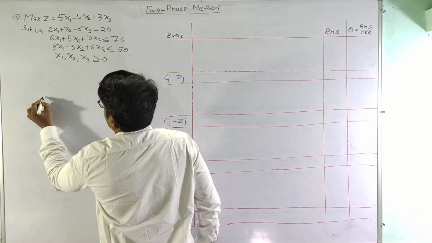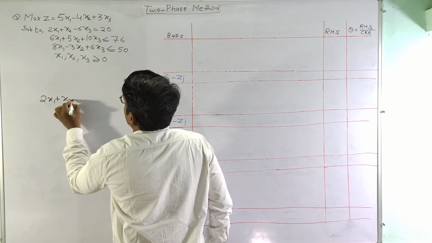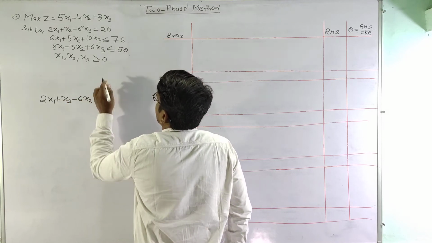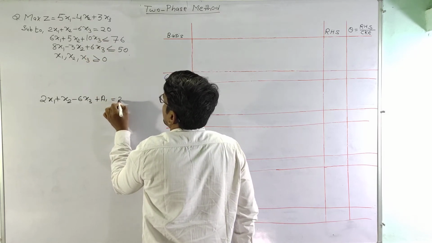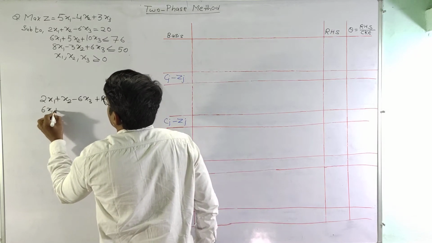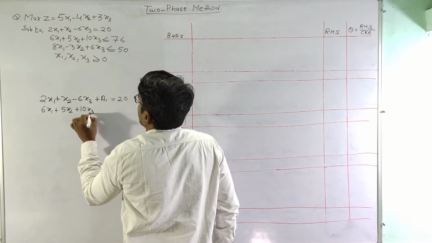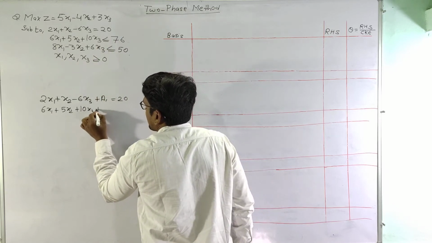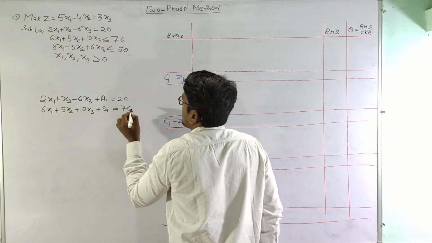So this will be 2x1 plus x2 minus 6x3 plus a1, because there is an equal sign, so we introduce an artificial variable here, equal to 20. And 6x1 plus 5x2 plus 10x3 is a less than or equal to sign, which means we need to introduce a slack variable here, s1, equal to 76.